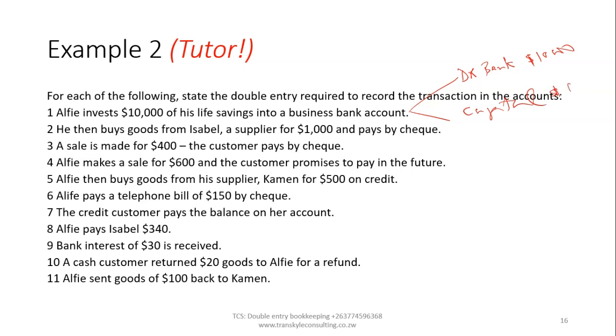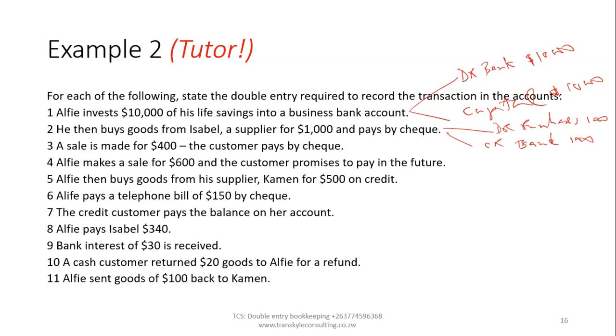Then he buys goods from Isabel, a supplier, for 1,000. So here we're going to say debit purchases 1,000 and credit bank, because we paid using the bank account.